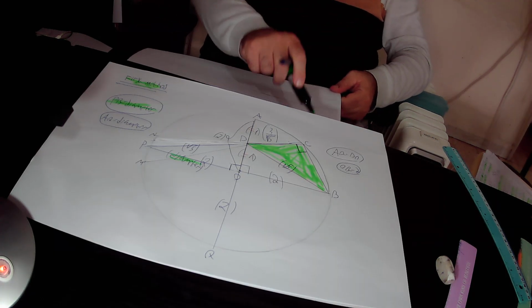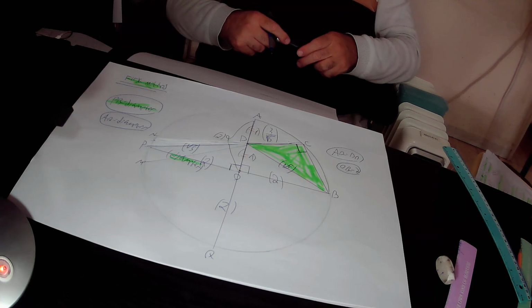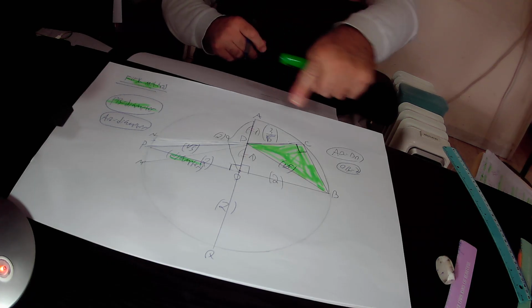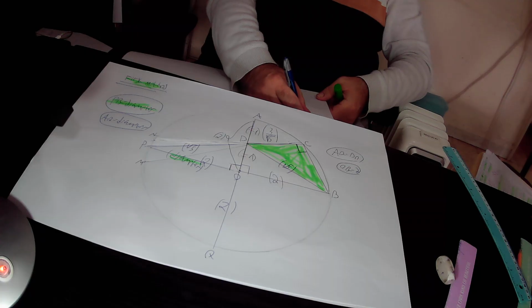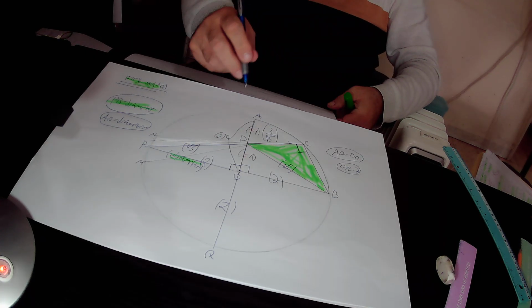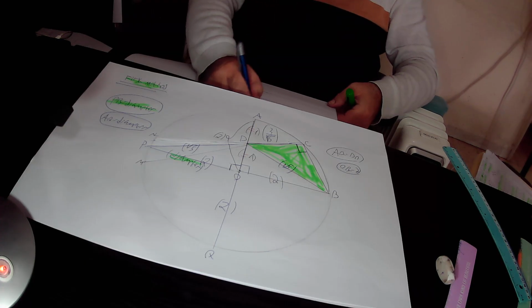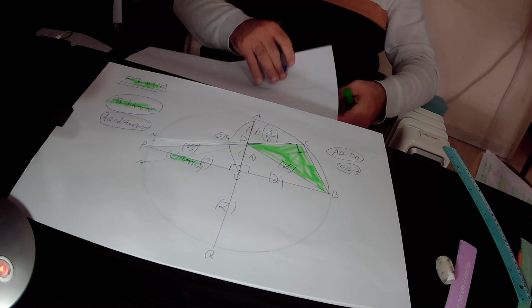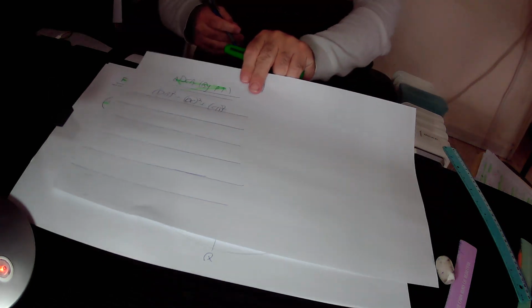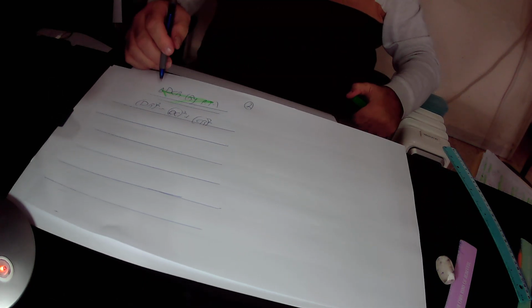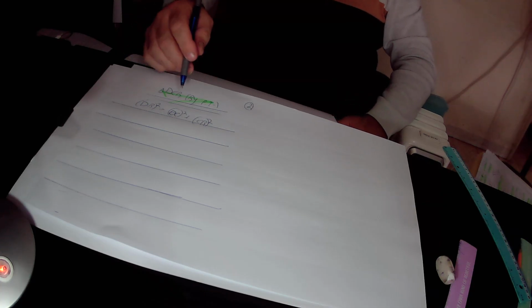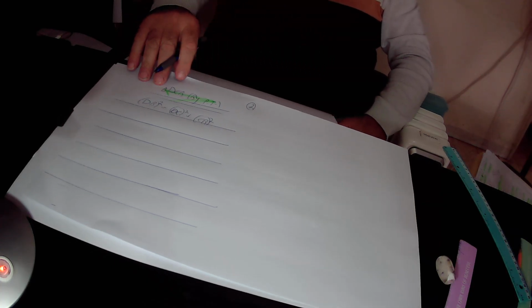In this green right triangle DCB, according to the Pythagoras theorem, DB squared, that is the square of the hypotenuse, equals DC squared plus CB squared.